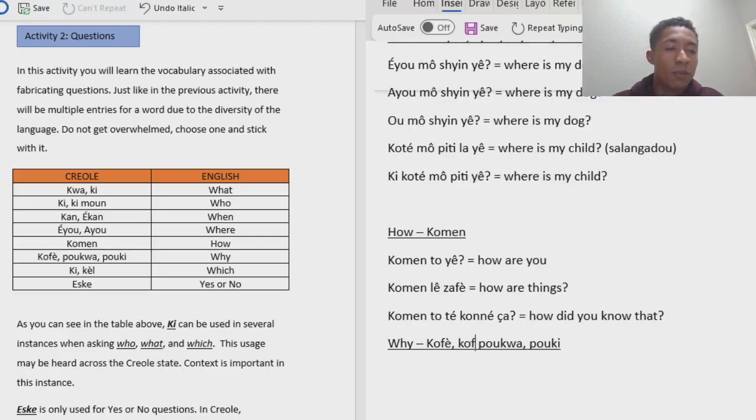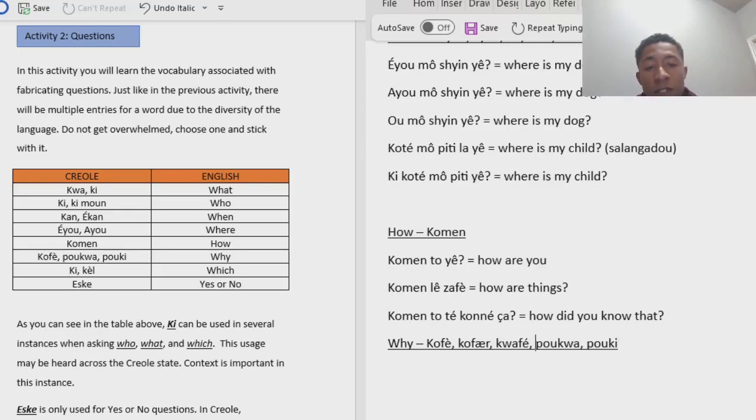You have some folks who might pronounce it kofé. You might have some folks who might pronounce it kofar. You have also, because I'm not going to forget that, coiffé. So you have kofar, kofé, coiffé, pourquoi, pouki. And these all mean why.